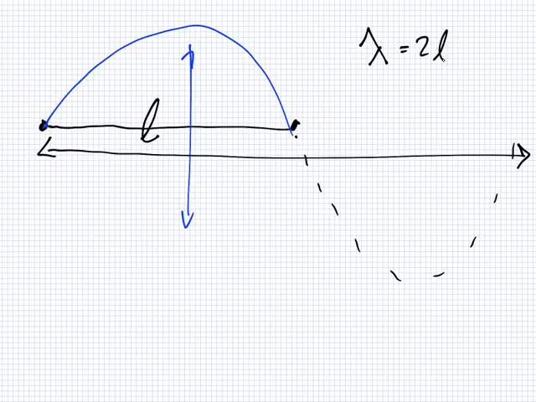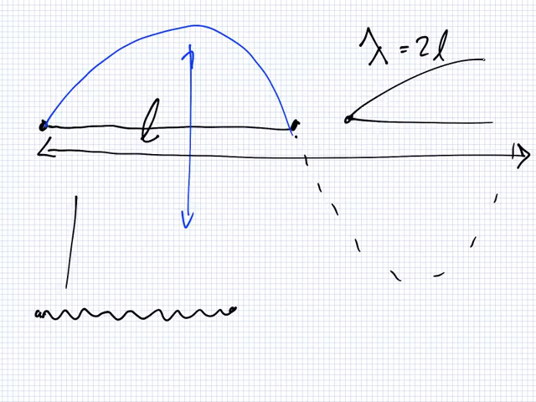Of course you can make the wave extremely small. If you picture a string like this, the wavelength is much, much smaller because you have many little waves. So the biggest wave we can make is something like this. Can we make it any bigger? No, because if we did, we'd have a problem.